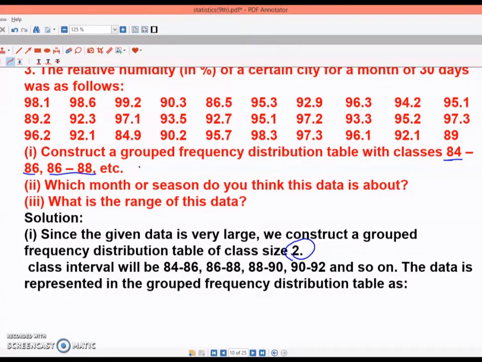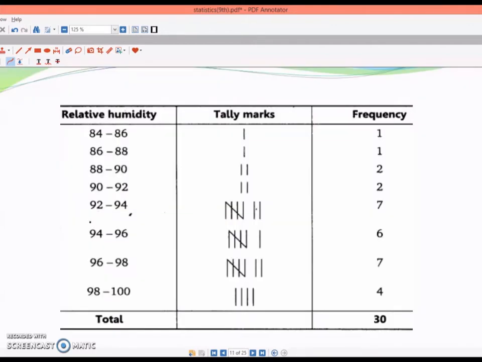The only thing to remember is that if you have data which is exactly 86, then it will go in the second interval, that is 86 to 88. So, based on the data given to you, you will tabulate it using tally marks. Between 86 to 88 also there is only one day.